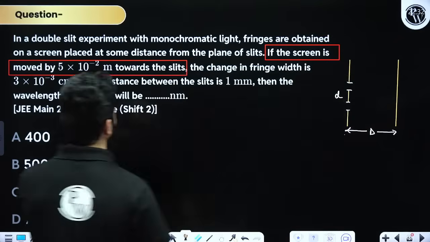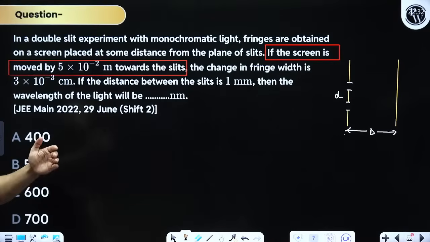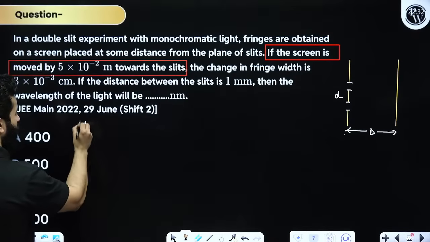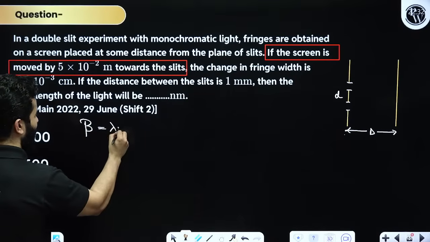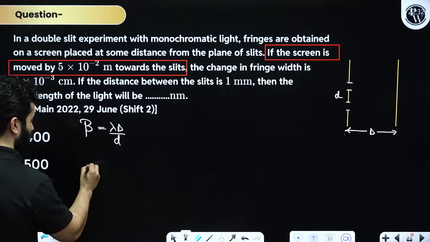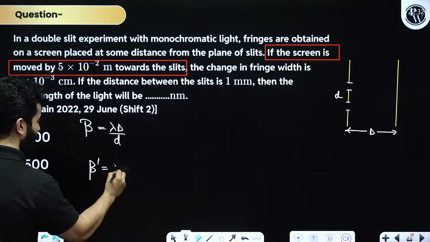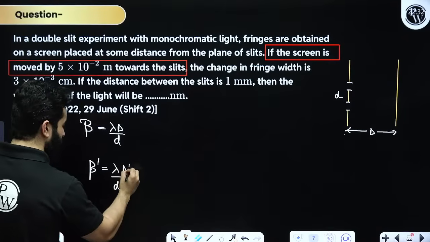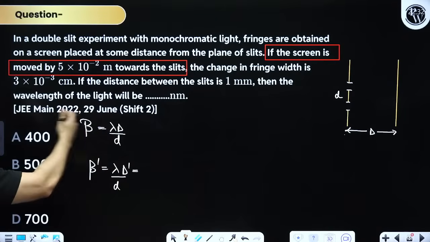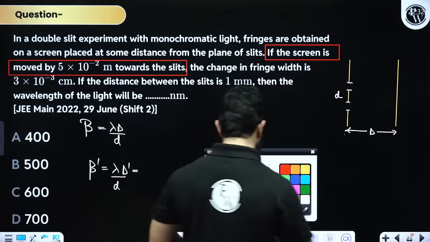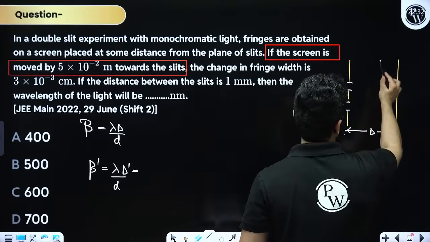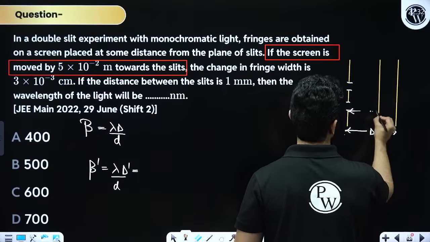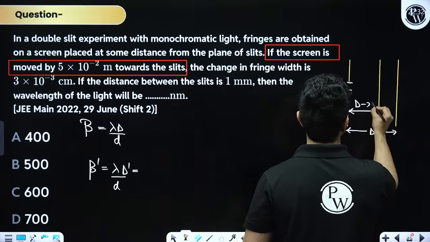Initially beta was lambda capital D by small d. Now the new beta dash will be, lambda will not change, small d is not getting changed, capital D will become D dash. Because they are saying moved towards the slit, the new distance will be D minus x.